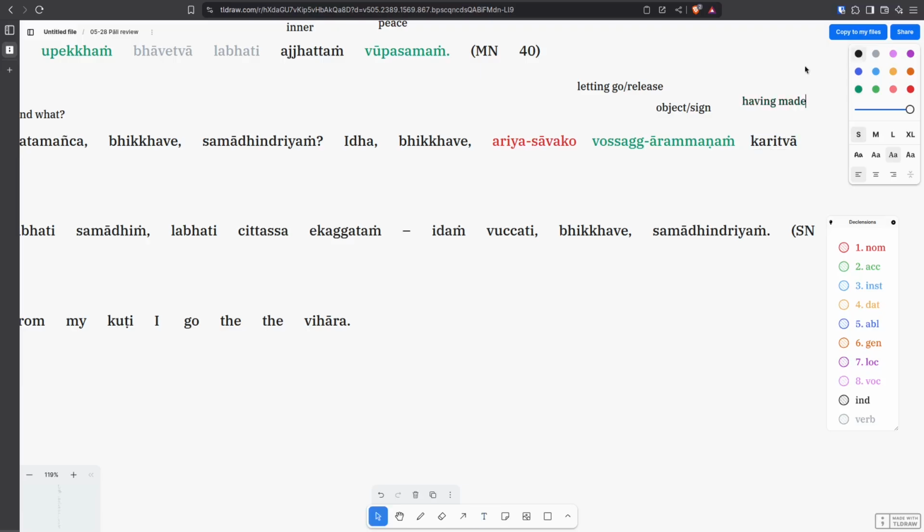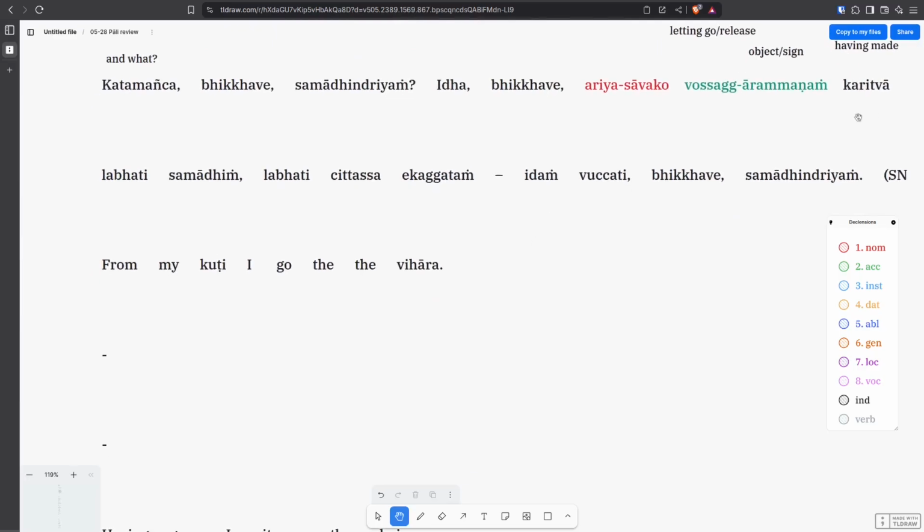So the translation, how could it be? The noble disciple having made the object of release or something. That's right. Having made his meditation object, his meditation sign, to be the sign of letting go, the sign of release.